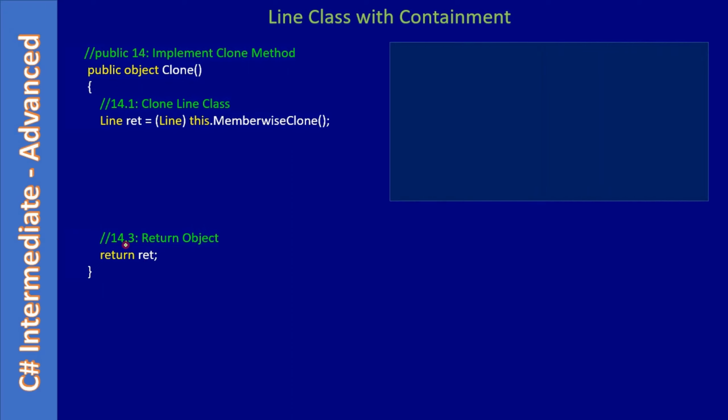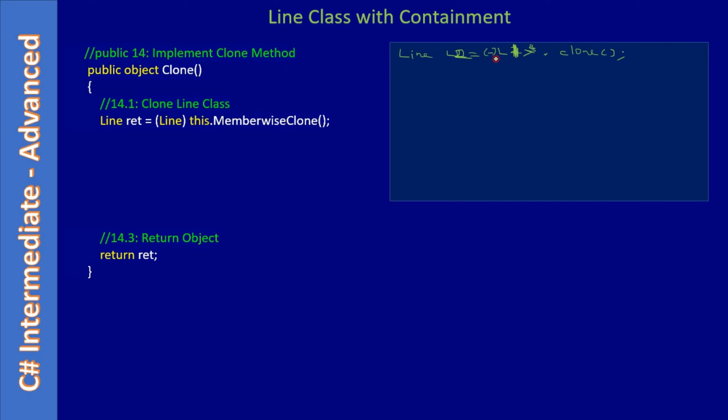Now let's see what happens. Okay, here we will be calling L2 = L1.Clone and we will perform a typecast here. Now let's say this is L2, and this one is L1.